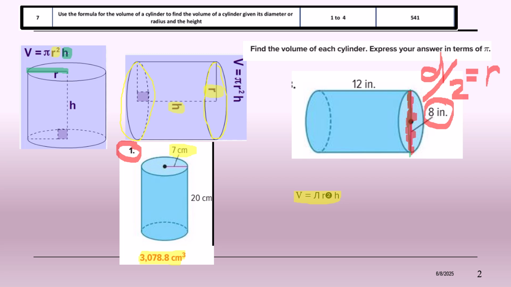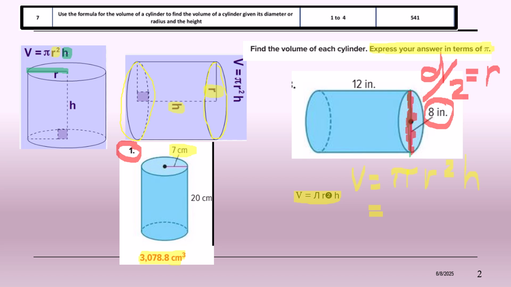Also be very aware of what the question is asking of you. In this case, it says express your answer in terms of pi. So that means you do not have to calculate the whole answer multiplying by 3.14. You will only have to work out V equals pi r squared multiplied by height.